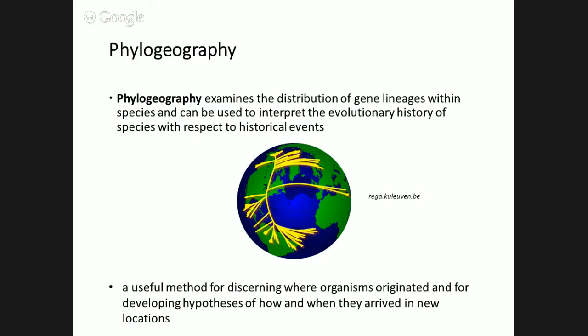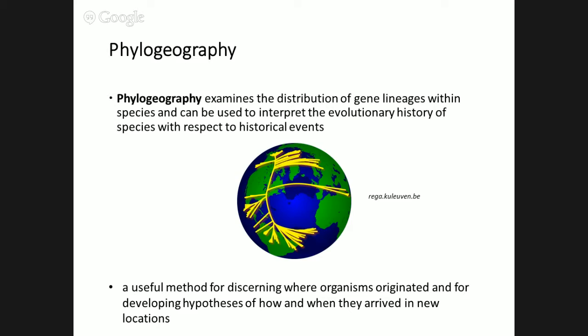I want to start off with the definition of a word that's in my title, phylogeography. Phylogeography is a science where we can look at the distribution of gene lineages within species, and you can use this to interpret the evolutionary histories of species with respect to historical events. So it's bringing together what's happening in terms of geological history of the Earth with what we find going on in the evolutionary history of certain organisms.